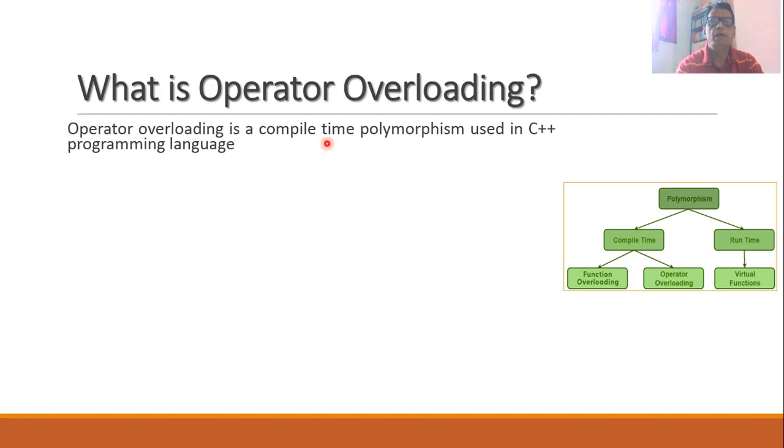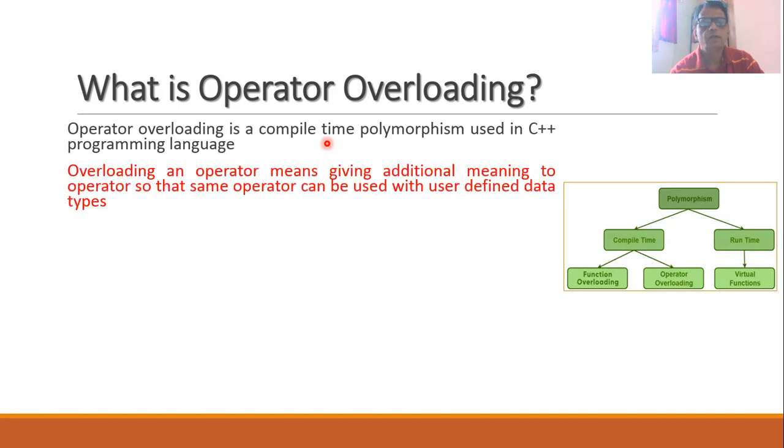Operator overloading is a compile time polymorphism that is used in C++ programming language. Overloading an operator means giving an additional meaning to the operator so that the same operator can be used with user-defined data types. We know that C++ is a very rich language as far as its operators are concerned. There is a rich set of operators in C++. All such operators can be used with default data types, or the data types that are readily available with the C++ compiler.